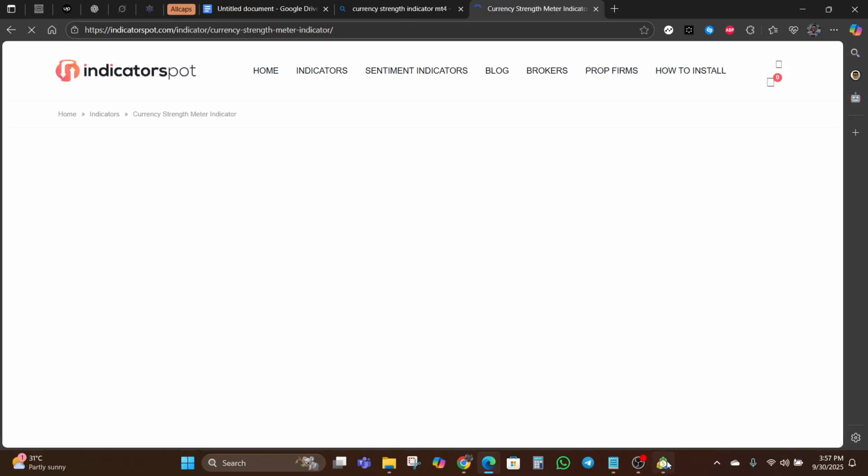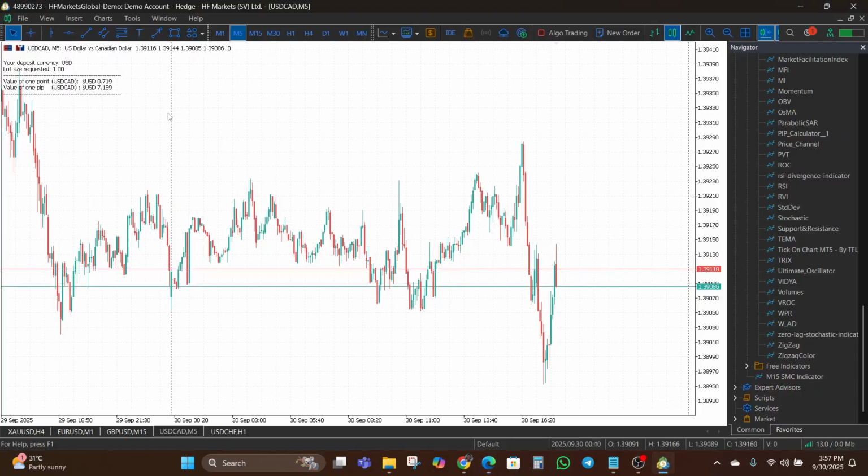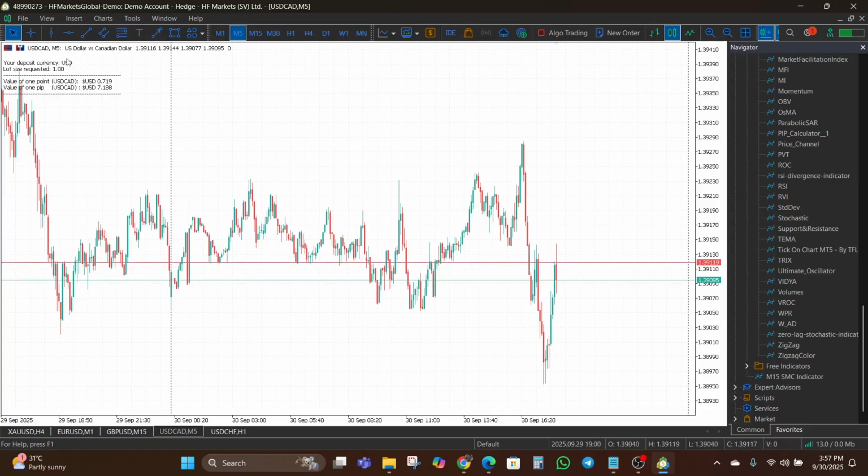For example, if maybe the US dollar is showing strong upward momentum and maybe the Canadian dollar is showing weakness, then USD JPY could be a strong pair to focus on.